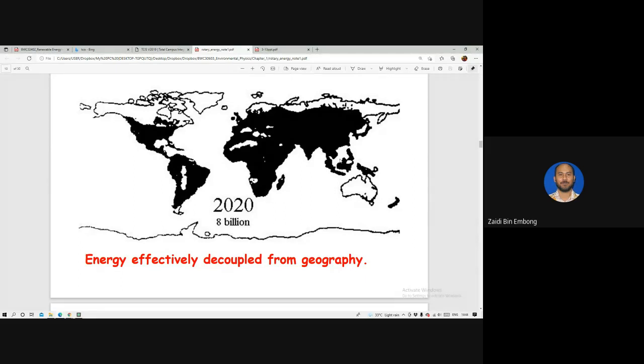That's why you may be familiar with the term renewable energy. Why are people thinking about renewable energy? Because we expect that 20 or 30 years from now, we're not sure whether there will be fuel or not, whether there will be oil and gas in the future.